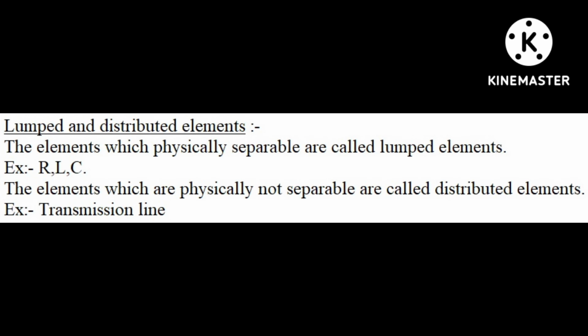Examples are transmission line elements. That means in laboratories, especially in an electronics laboratory, we see resistor, inductor, capacitor as separate elements. Those are called lumped elements. We are studying transmission lines. Here also we are studying resistance, inductance, capacitance, but those elements are distributed in nature. We can't separate those elements. This is about the types of elements.